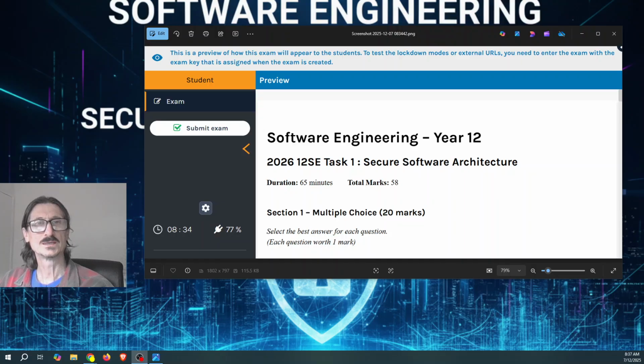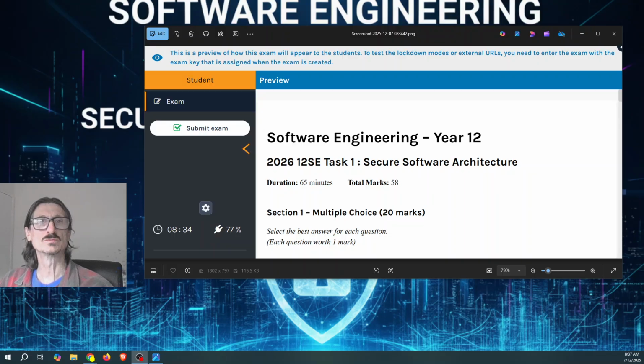There's a question on code review, and a question on sandboxing. And that's about all I can really give you for that section, which I know isn't much, but it's very hard to give information about multiple choice questions.